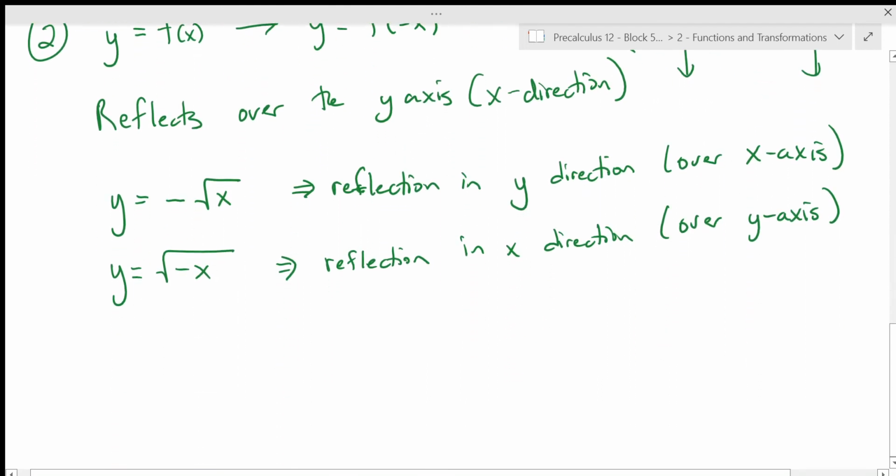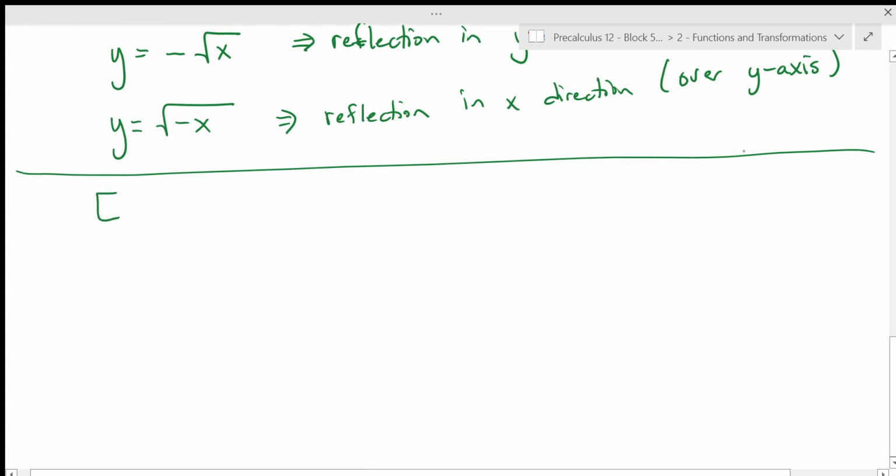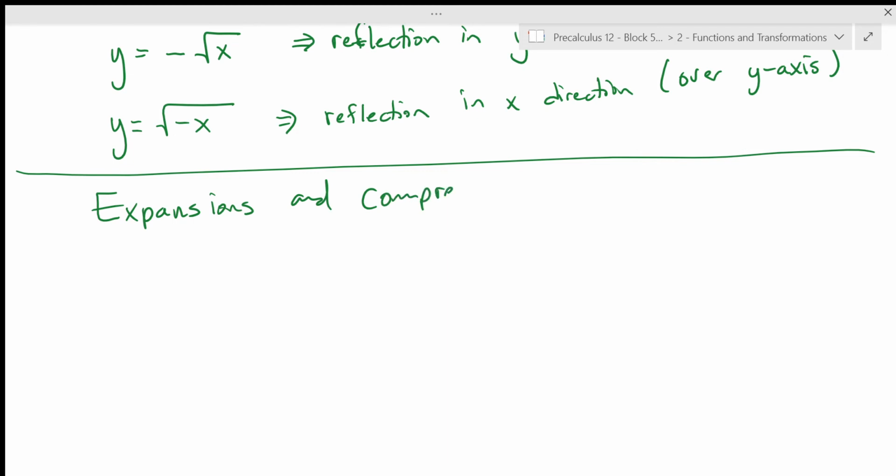Okay, last one and everybody's least favorite. We have expansions and compressions. So expansions and compressions are really two ways to describe the same thing, depending on what it visually looks like.